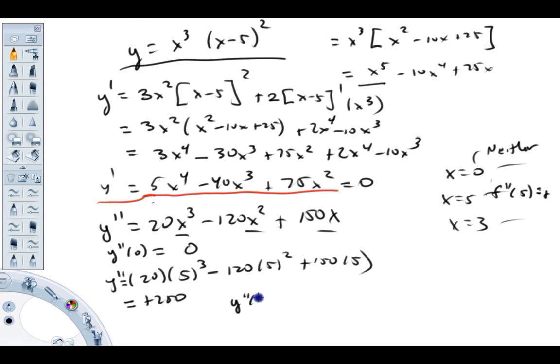And y double prime of 3 is going to equal 20 times 3 cubed minus 120 times 3 squared plus 150 times 3. And I'm going to wait a moment here for somebody to give me a value. Plus 210.